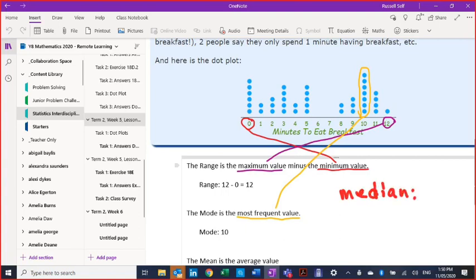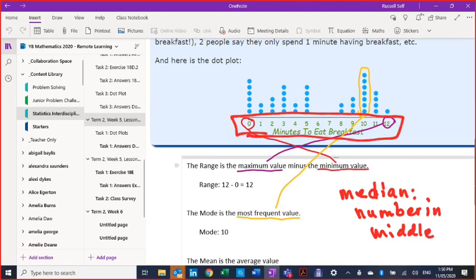Remember, for the median, that's the number in the middle, right? Well, if you think about the way a dot plot is organized, these numbers will always be in order. There were 6 zeros, 2 ones, 3 twos, etc. So the numbers are always going to be in order.